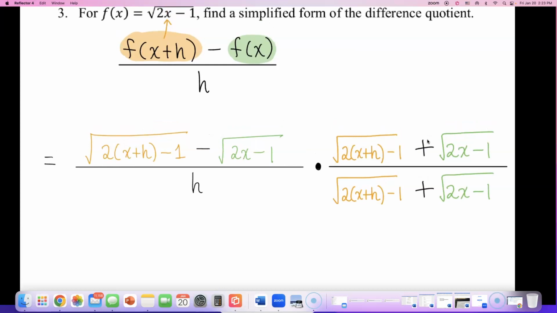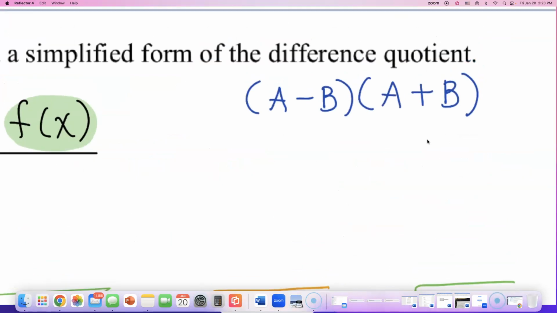Let me remind you of this cool pattern that you learned in algebra class. What happens if you do a minus b times a plus b? Let's FOIL it out to see what happened to our a's and b's. If you do a times a, you get a squared. If you do a times positive b, that's plus ab.